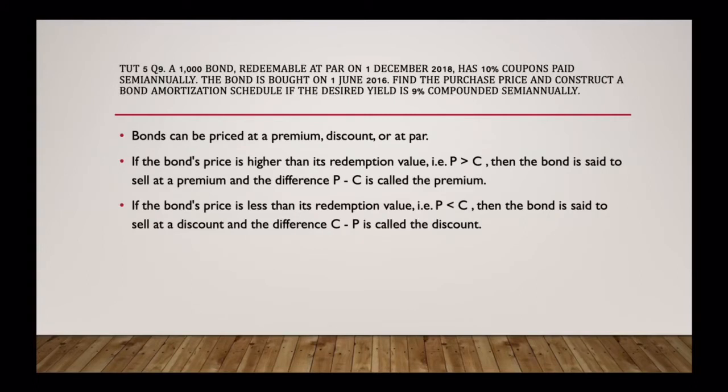If the bond's price is higher than the redemption value, the bond is sold at a premium, and the difference is called the premium. However, if the bond's price is less than its redemption value, the bond is said to be sold at a discount, where the difference, C minus P, is called a discount.